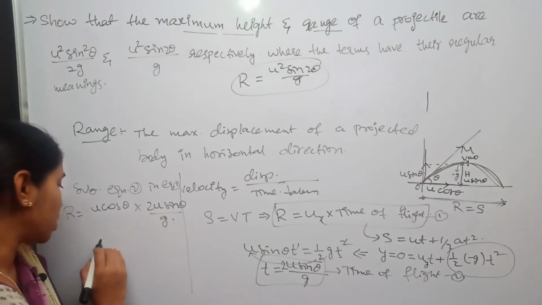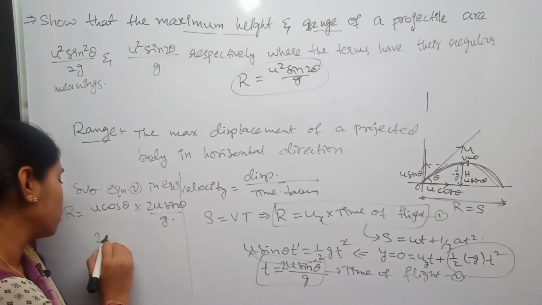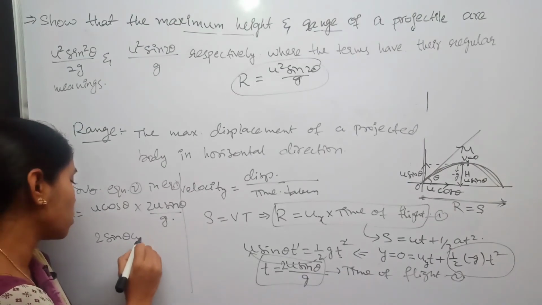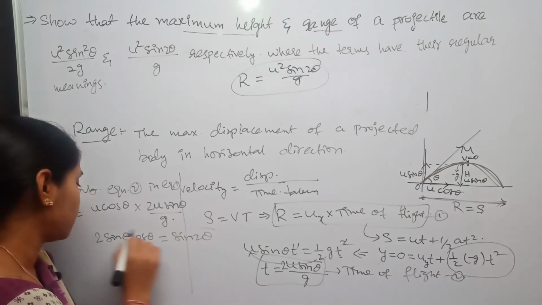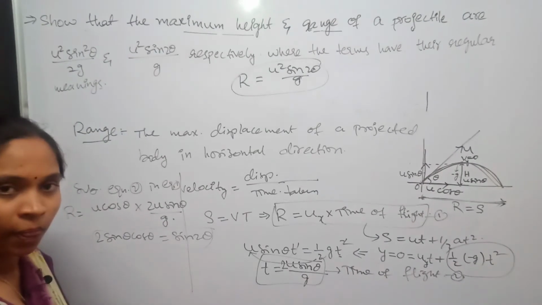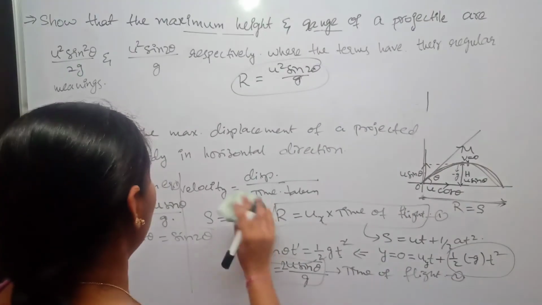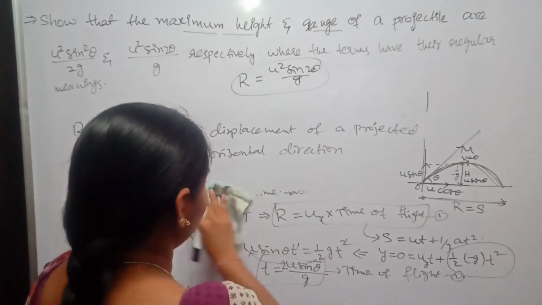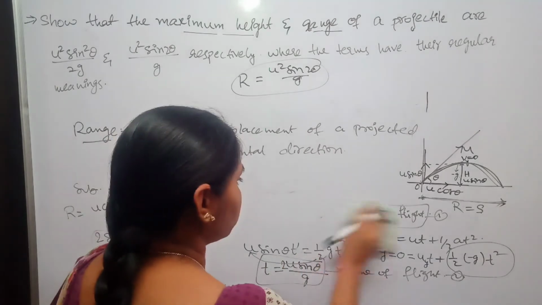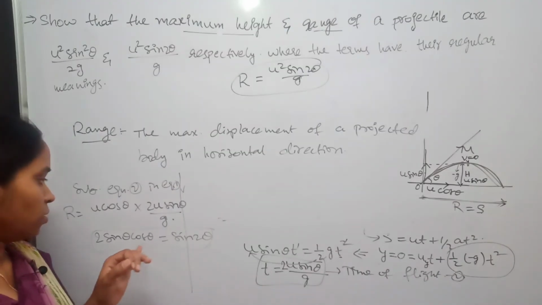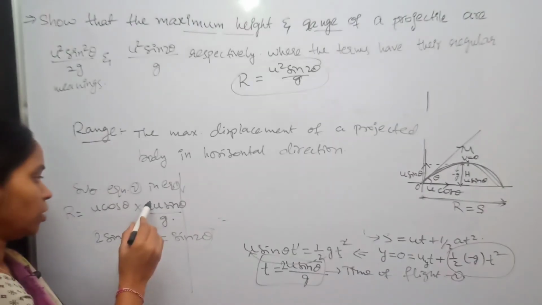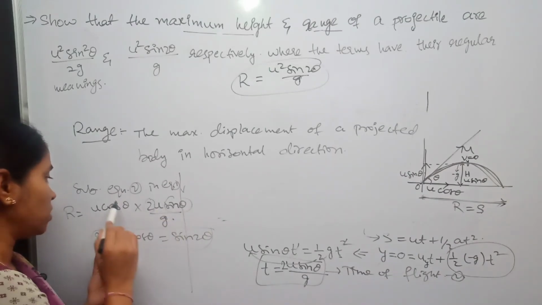From trigonometry, 2 sin theta cos theta will be equal to sin 2 theta. Now, you just observe here carefully. Here you have 2 sin theta cos theta.